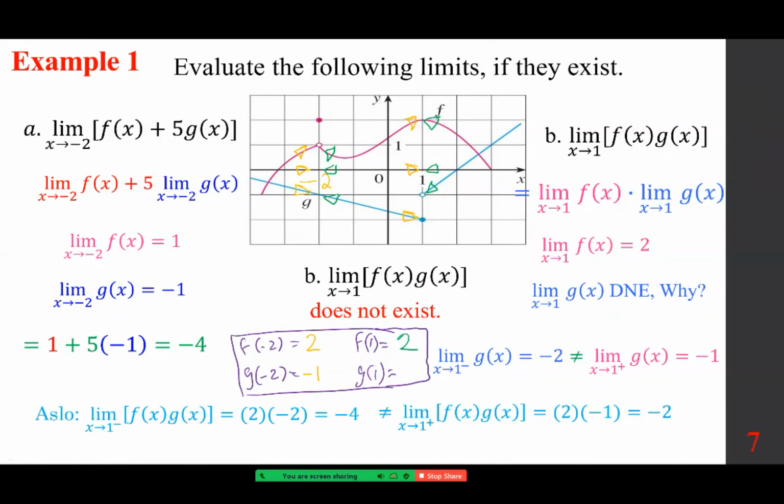G of 1, the g function is the blue function, and you look for the solid dot, and the solid dot has the y coordinate -2. So we want to distinguish between the concept of a limit and the functional value.